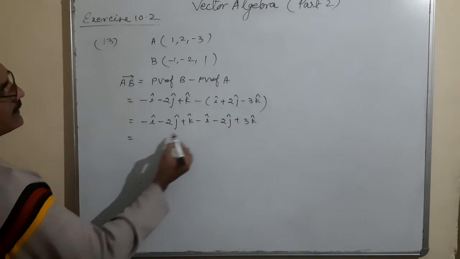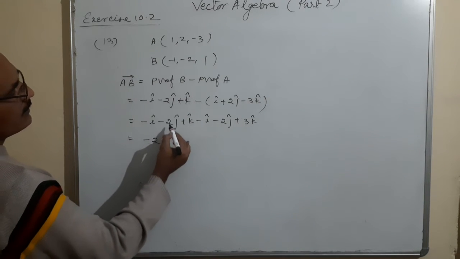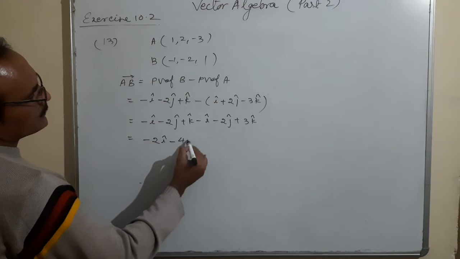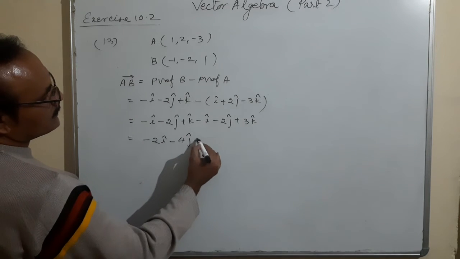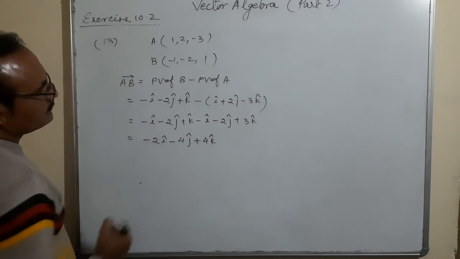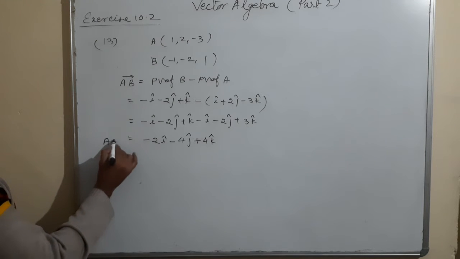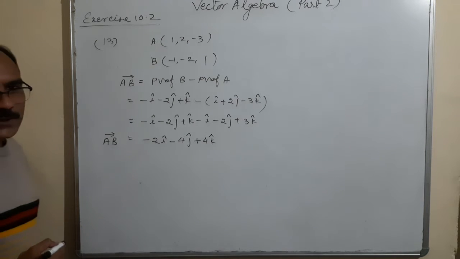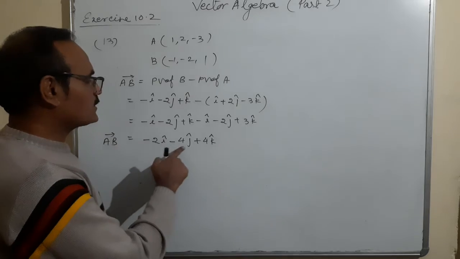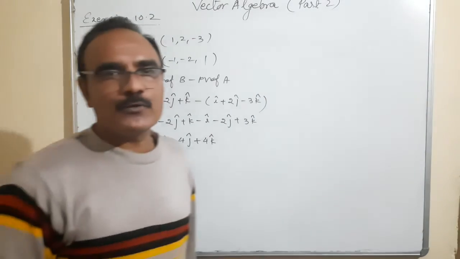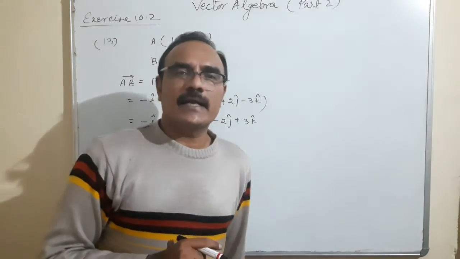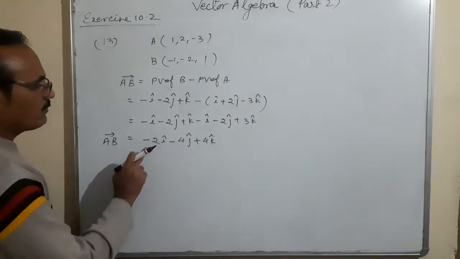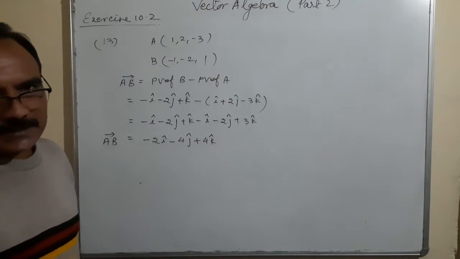Minus i and minus i is minus 2i. Minus 2j is minus 4j, plus k and 3k is 4k. What is this? This is vector AB. I told you one thing, that minus 2, minus 4 and 4 are the scalar components, and these are called the direction ratios.